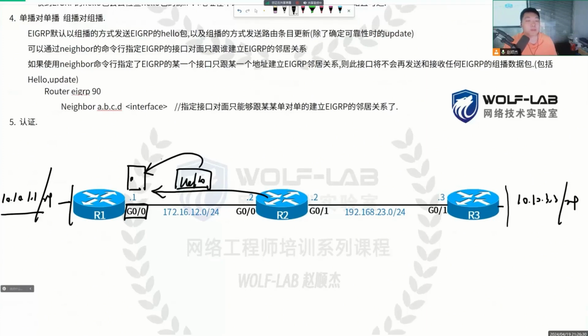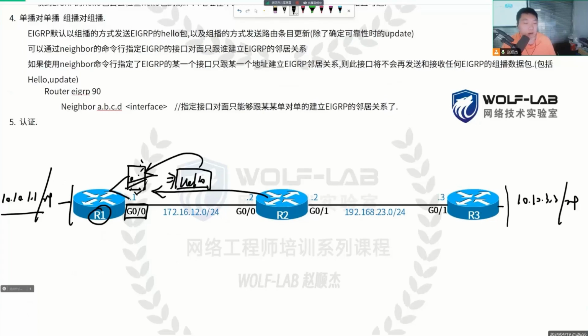So, simply put, the role of authentication is to ensure the security of our EIGRP neighbors. So you must pass the authentication. Your hello packet must carry a key and pass the authentication of my gate. For instance, like iris recognition, here it is key recognition, the password to open the door.